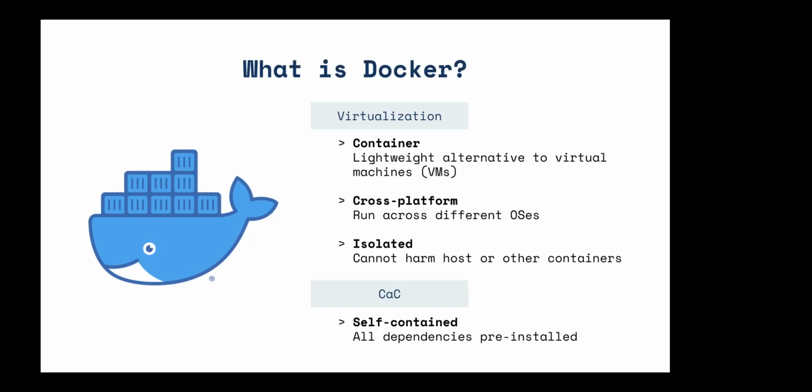So basically, if you're new to Docker, Docker is a tool that allows you to package everything your application needs plus the application itself into a nice package, and it allows you to run it across many platforms.